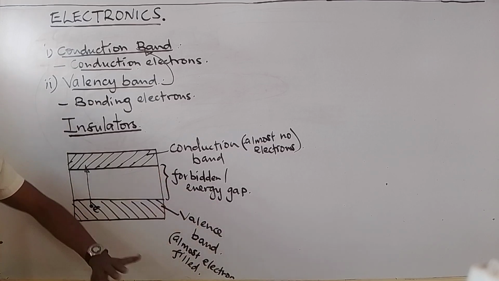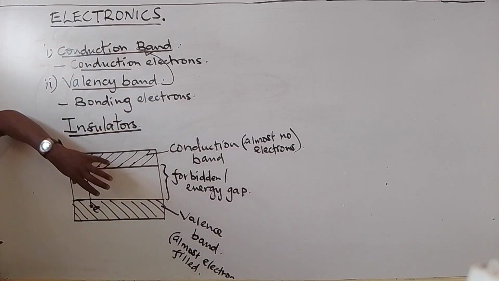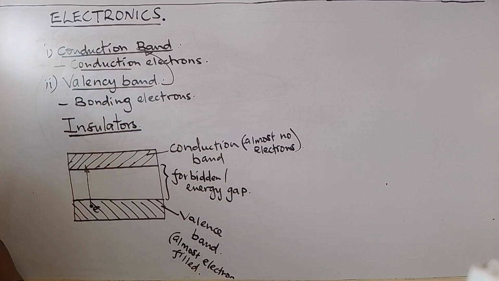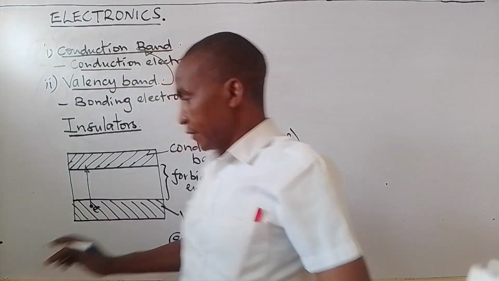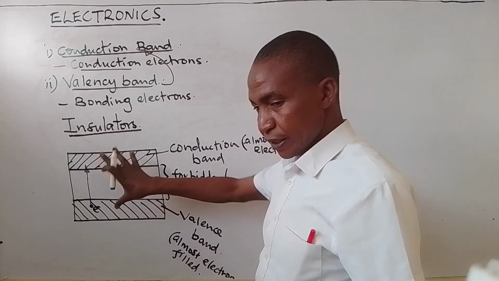This energy gap is very high, such that if energy was to be supplied to an electron in the valence band to move to the conduction band, then that energy would end up destroying the crystal.